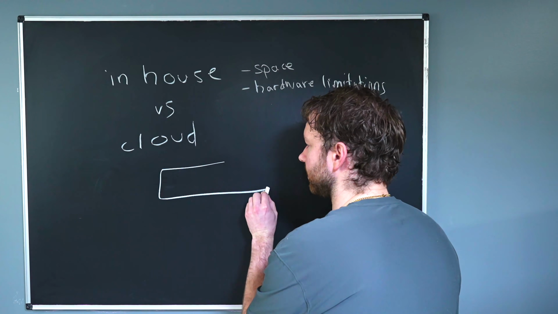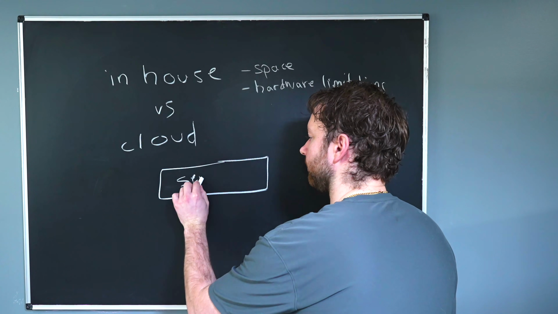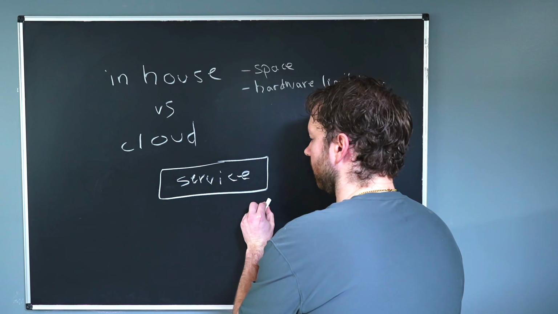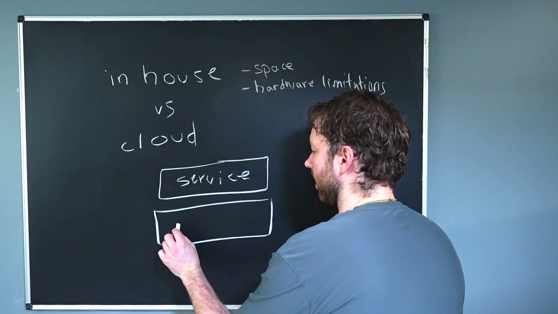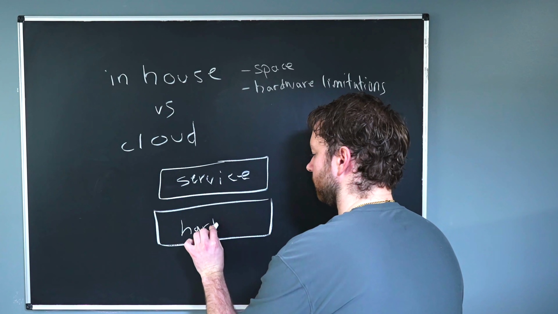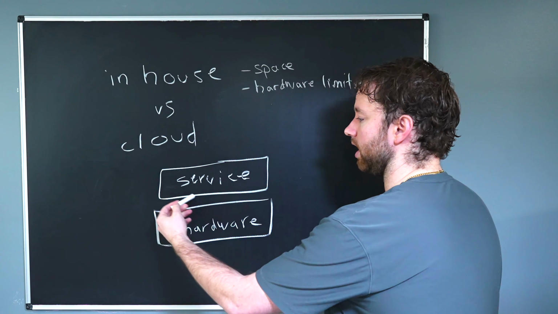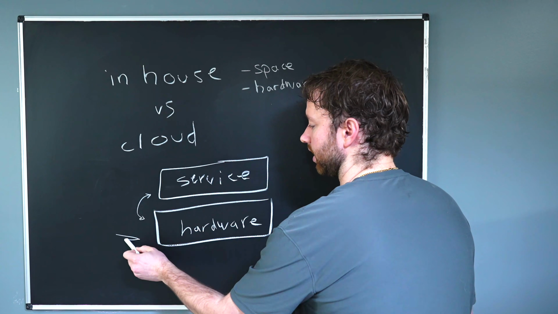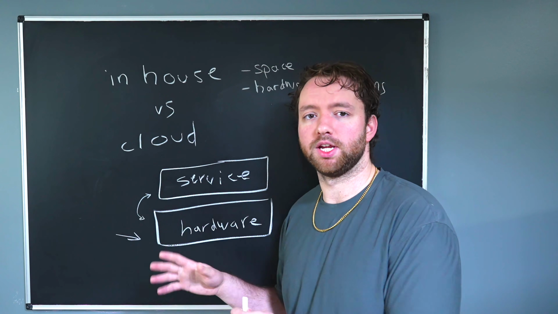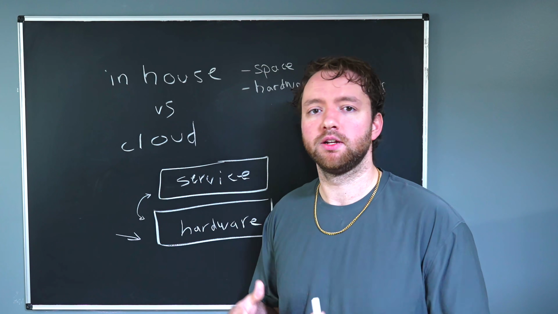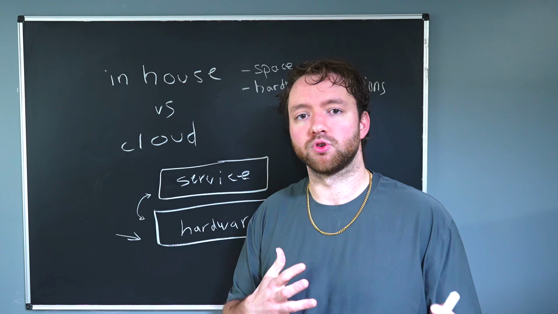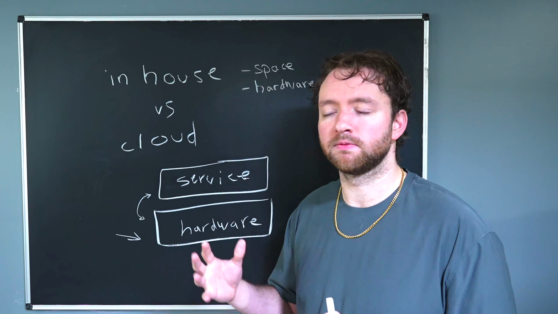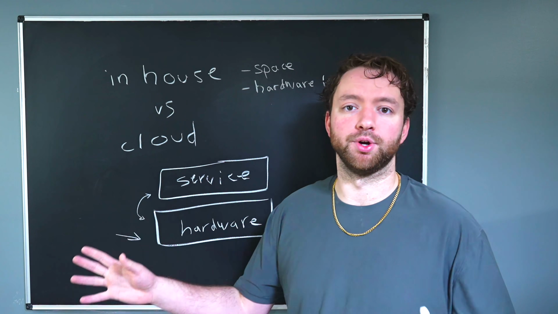You have your service here, and this runs on hardware, but these are not tightly coupled, and you don't have to worry about this layer at all. So that virtualization can change things a little bit, make it a little bit easier to try different variations of scaling. So keep that in mind as you go through this content.